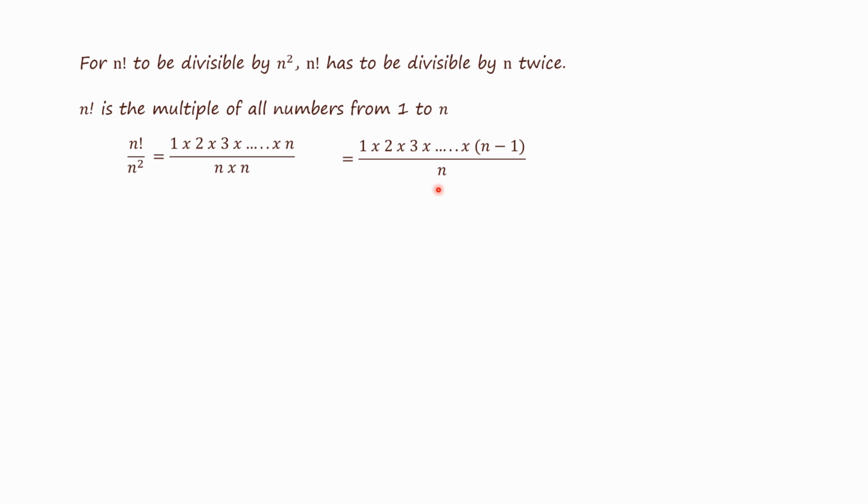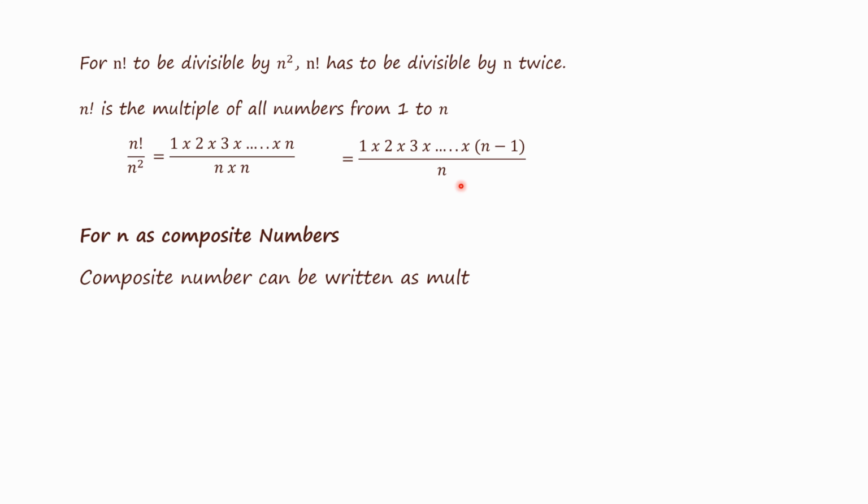Now this is divisible by n if n is not a prime number. For n as a composite number, which can be written as a product of its prime factors, we can write n as a product of factors which will be among 1 till n minus 1.